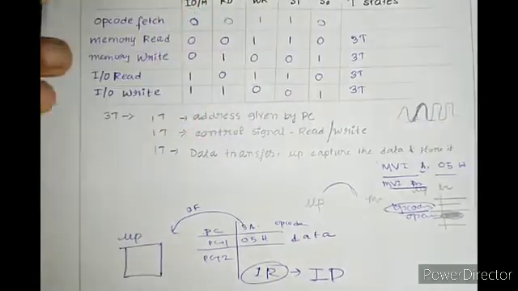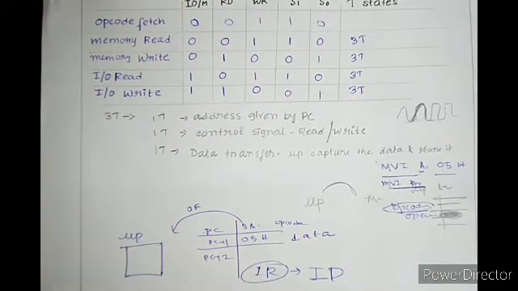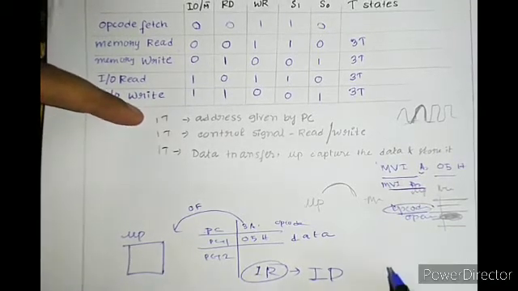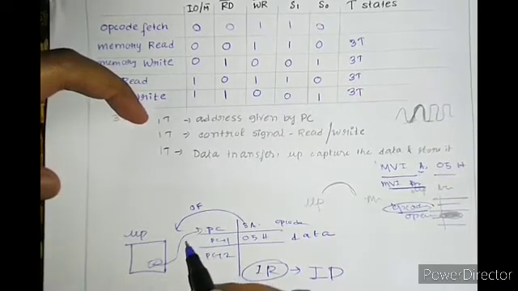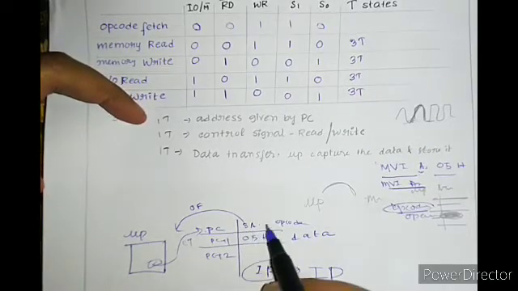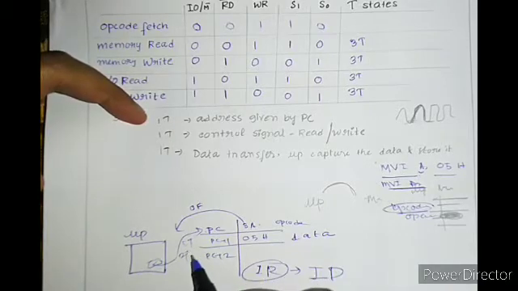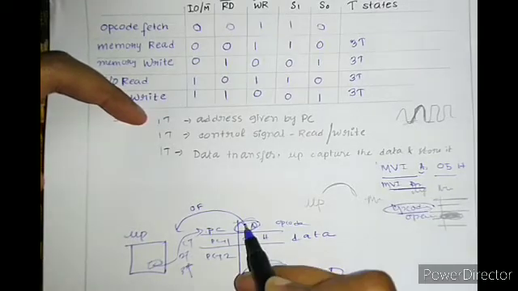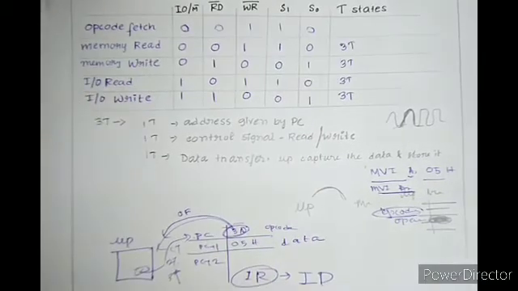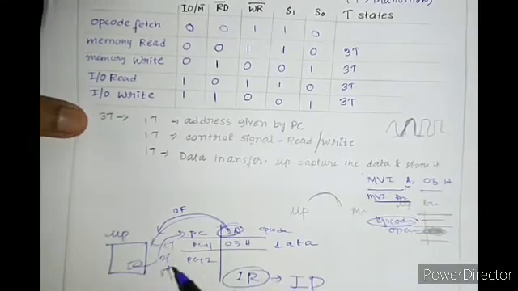Obviously the first three T states are the same for all. But in opcode fetch, let me just do this again. For the first T state, the address is given by PC, go to 1T. Then the control signal, it's a read, 2T. Then it's 3A, I have to get this data, 3T, come to the MUP, and now get decoded.